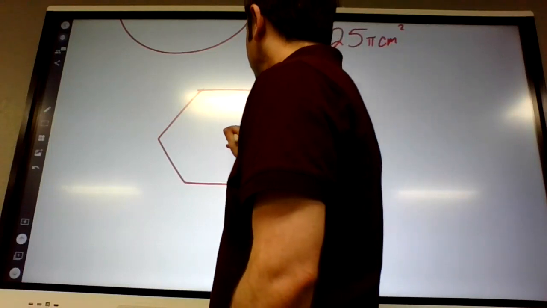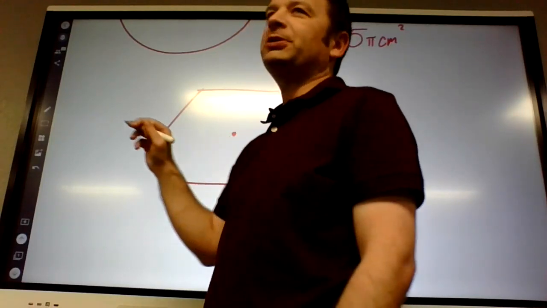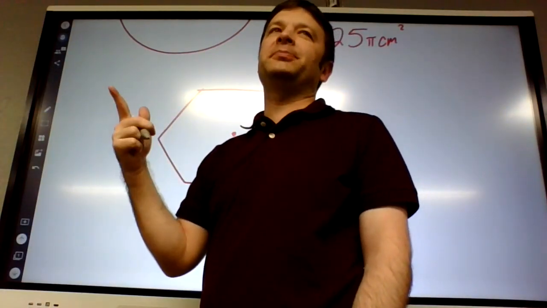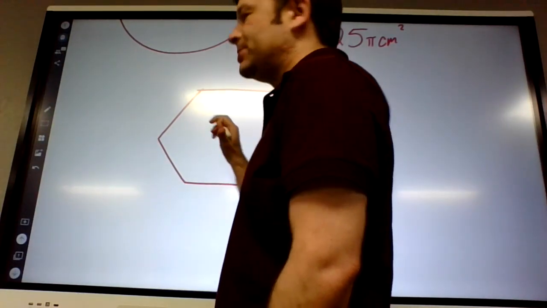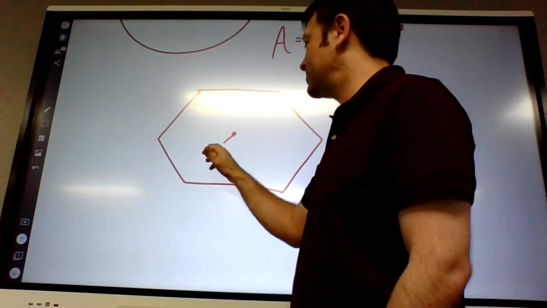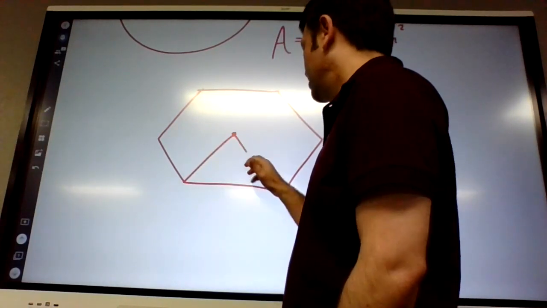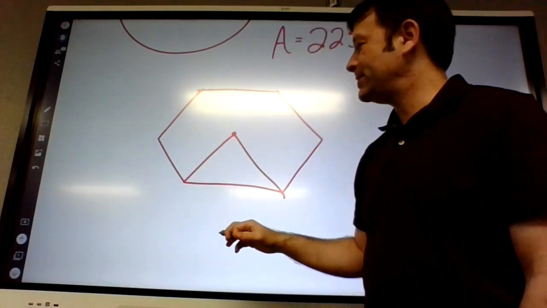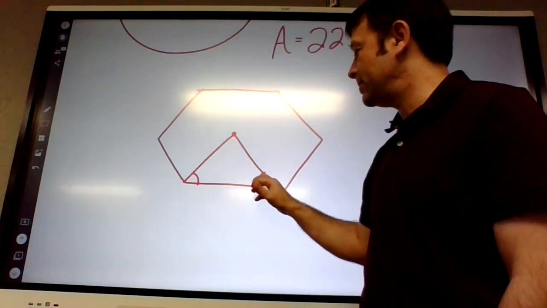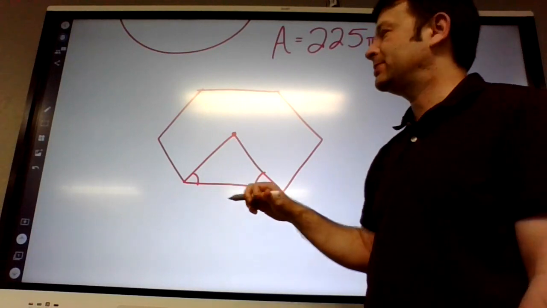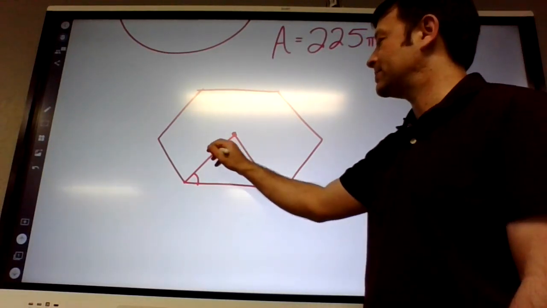Okay. The question was, what theorem says this is true? So let me give a picture of what they're talking about. Do you guys remember they call these things radii, radius, plural? They basically said, how do we know that these two angles are the same? It's because it's an isosceles triangle.